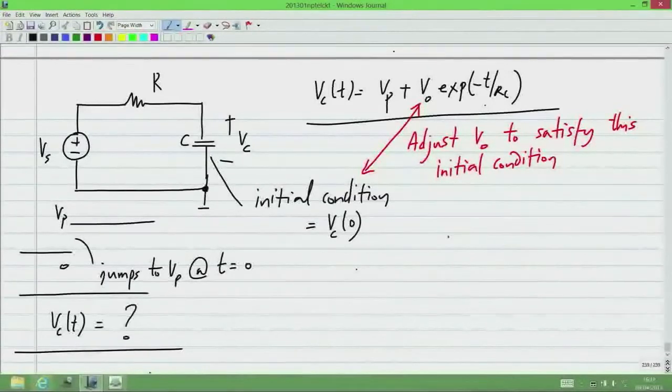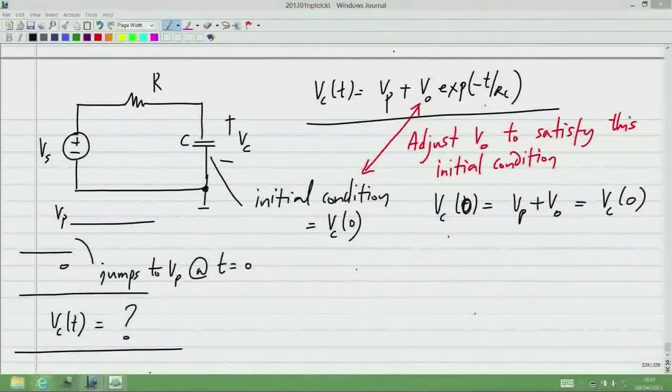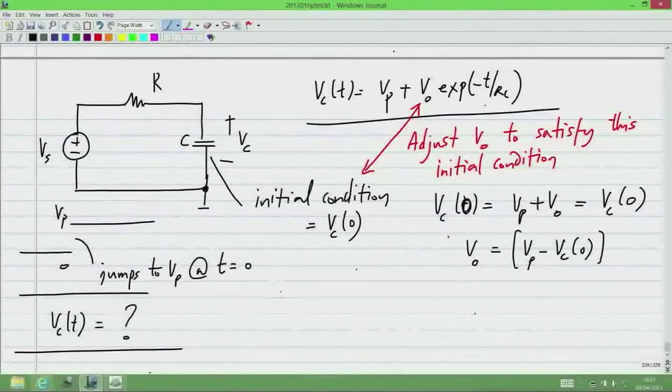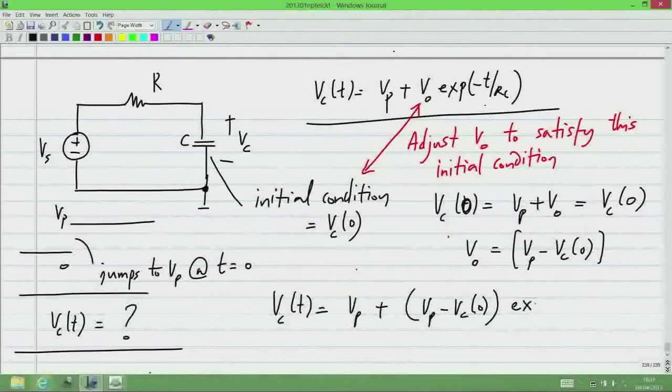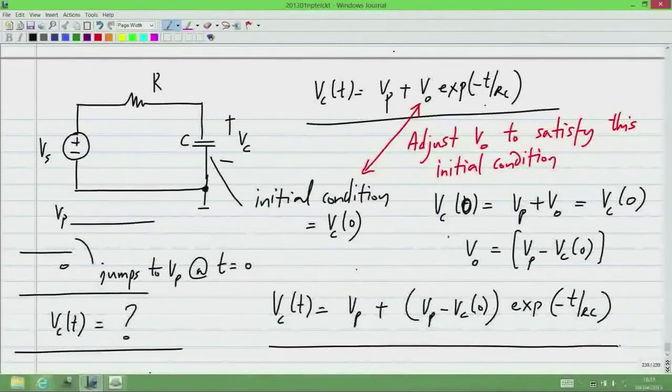So let me do it here. Then Vc of t is Vp plus this whole expression. So Vc of 0 would be Vp plus V0, and this should be equal to Vc of 0. So V0 would be Vp minus Vc of 0. So the expression for Vc of t would be Vp plus Vp minus Vc of 0 exponential minus t by RC. So this is the expression.